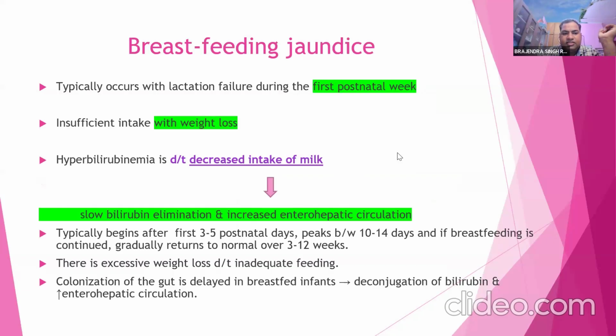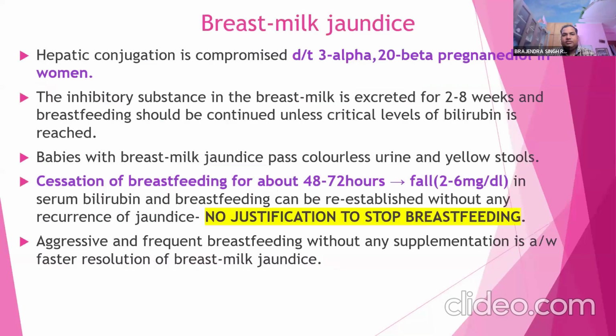It typically begins after 3 to 5 postnatal days and peaks by 10 to 14 days. If breastfeeding is continued, it gradually returns to normal over 3 to 12 weeks. There is excessive weight loss due to inadequate feeding, and colonization of the gut is delayed in breastfed infants. So deconjugation of bilirubin and increased intrahepatic circulation lead to more TSB rise.